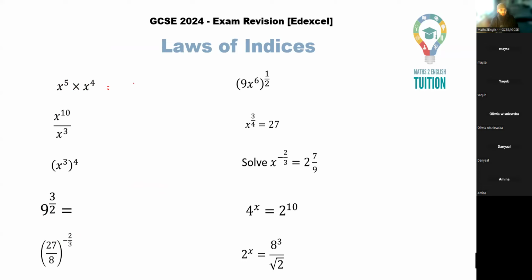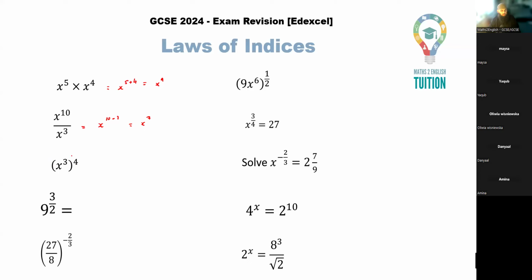For example, x to the power of 5 plus 4 gives us x to the power of 9. So when we're multiplying powers, we're adding the indices. When we're dividing powers, we're subtracting the indices. In this case we do x to the power of 10 minus 3, because it's division, and that gives us x to the power of 7.